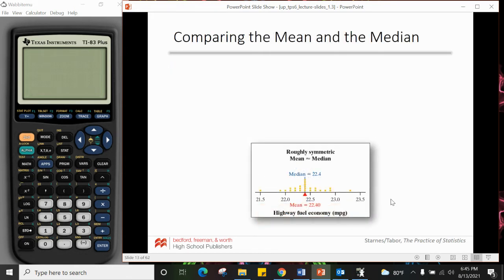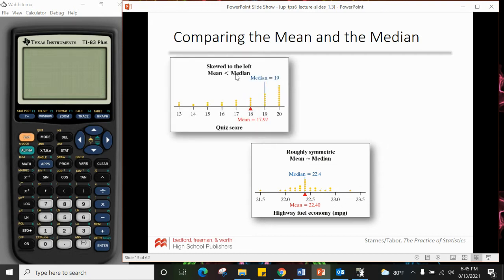So here's just to compare mean and median. If the distribution is roughly symmetric, the mean and median are going to be about equal, if not guaranteed to be equal. If they're skewed, the mean is going to get pulled towards that skewness, and that makes sense because the mean is not resistant.